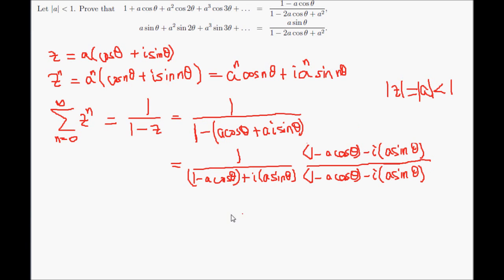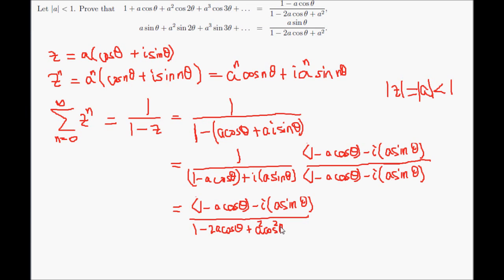So on the top, we have the expression we just said, 1 minus a cosine theta minus ia sine theta. In the bottom, we have the square of the first term, 1 minus 2a cosine theta plus a squared cosine squared theta, minus the square of the second term, so I squared sine squared theta times a squared.